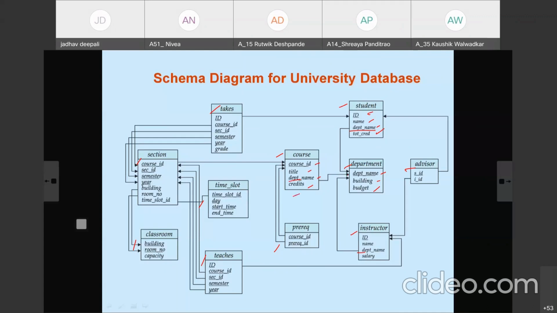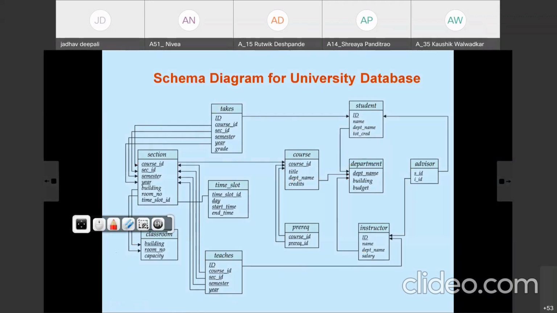Courses are the courses of this department. Instructors are the instructors of this department. It also shows the relation between all these entities. So that's why it is the overall logical design of the database. We call it a schema diagram. That is the database schema.